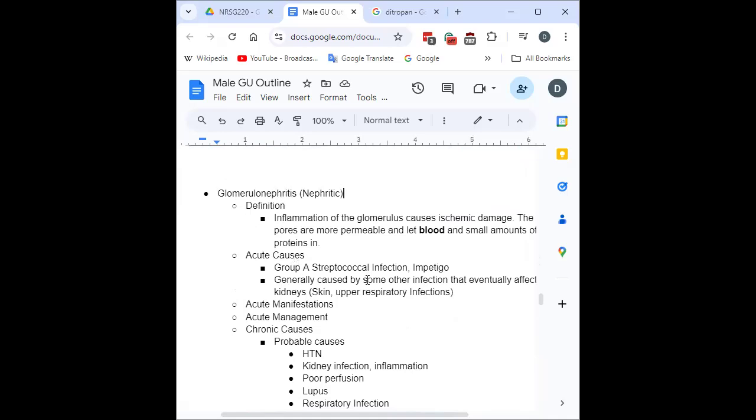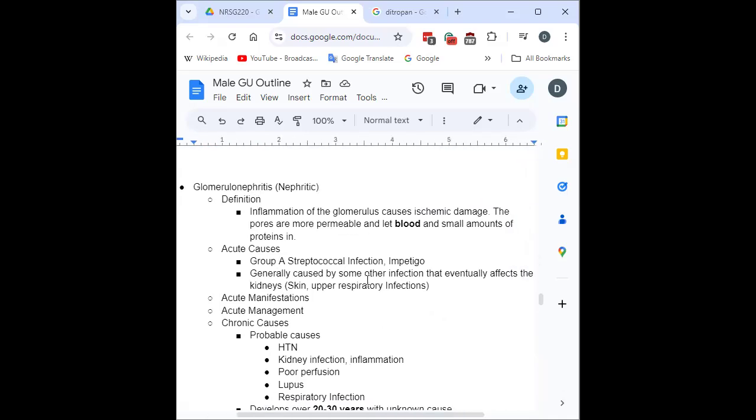Inflammation of the glomerulus causes some ischemic damage. Similar to how your heart, when it's not getting enough perfusion or oxygenation, gets damaged. Think about your MIs. Same thing when your organ doesn't get enough oxygenation, it starts to necrose, starts to die.